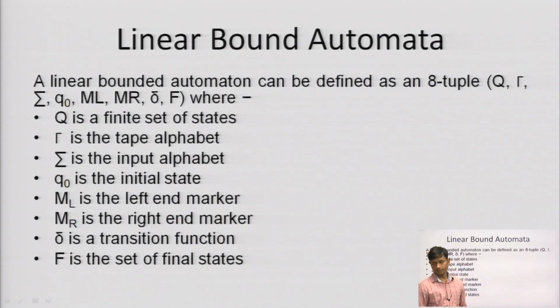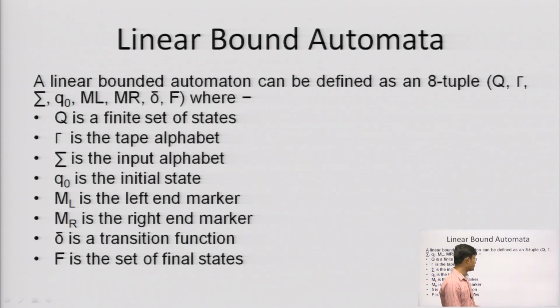Next, what is the linear bound automata? This linear bound automata is nothing but a Turing machine. We already know that in a Turing machine, the tape could go to infinity. Here, we have to fix the end points of the tape, then this is a linear bound automata.